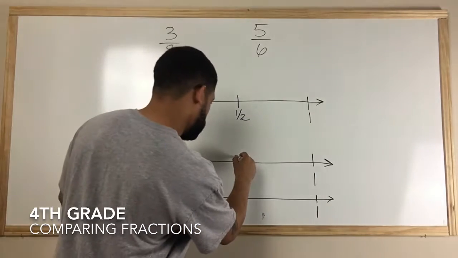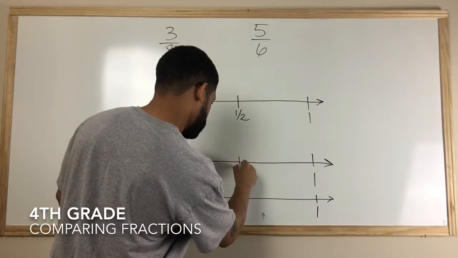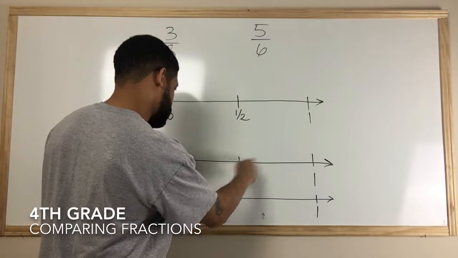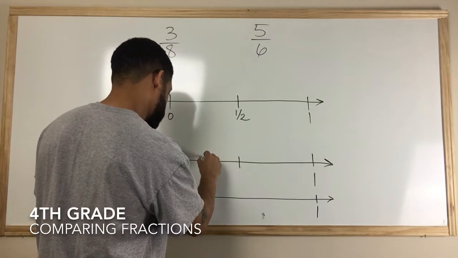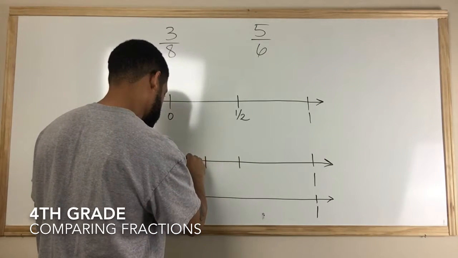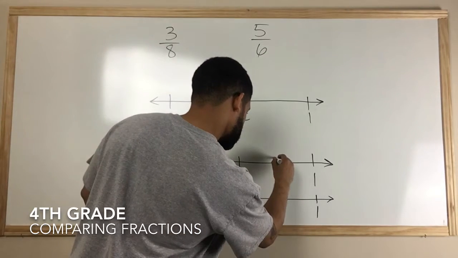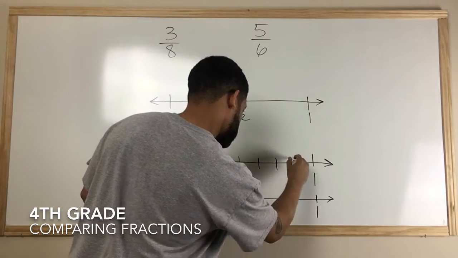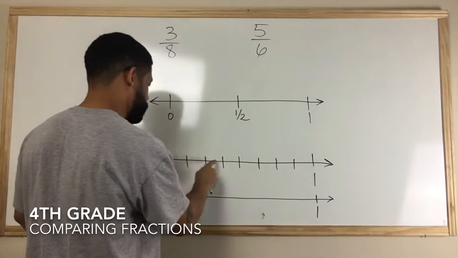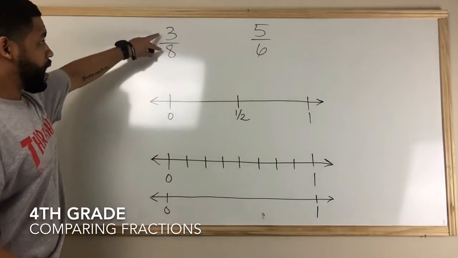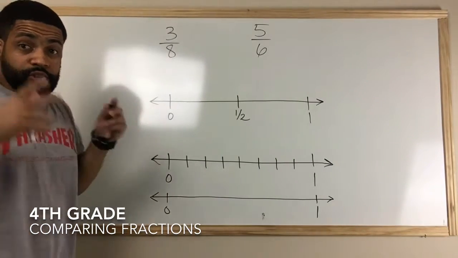So we want to break this down into 8 pieces, right? So 1, 2, 3, 4, and then 1, 2, 3, 4, 5, 6, 7, 8 total pieces, okay? And we're working with 3/8.